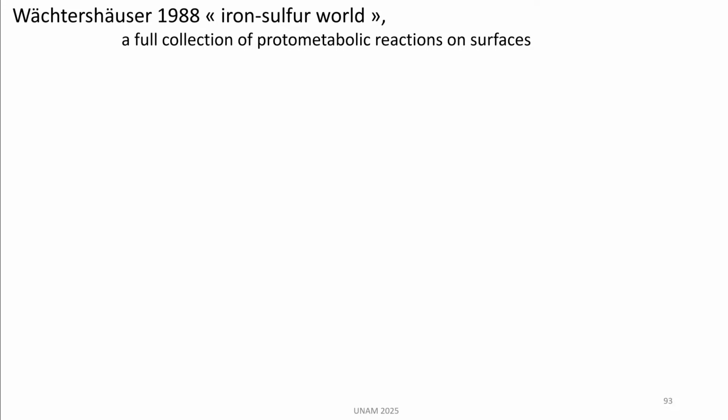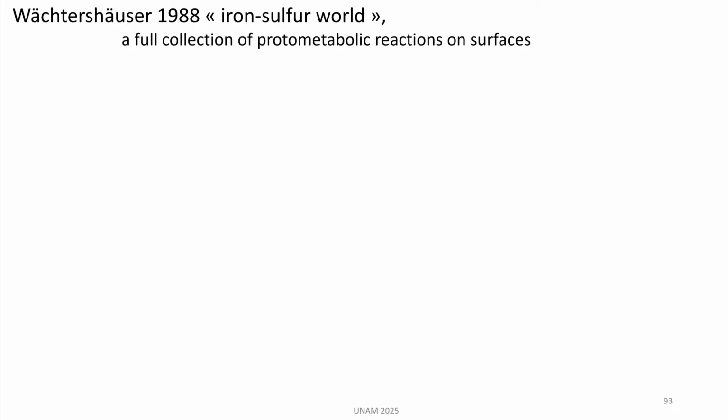Well, some people have proposed that at least some of the pathways of metabolism could be duplicated by non-biological chemistry, and especially using surfaces. One researcher who had a lot of success some 30 years ago was called Günther Wächtershäuser. He was a scientist working only on paper. He was employed at the Office of Patents, like Einstein.